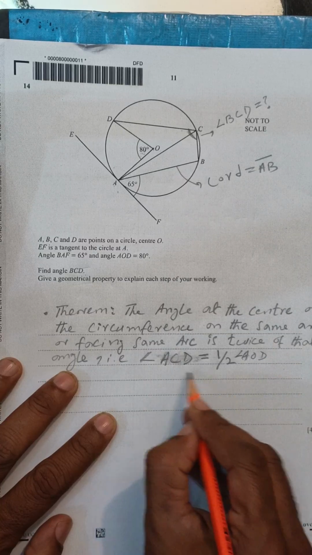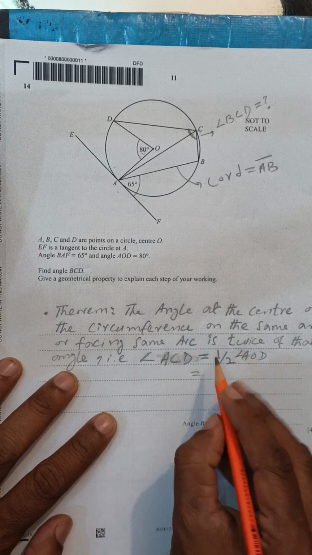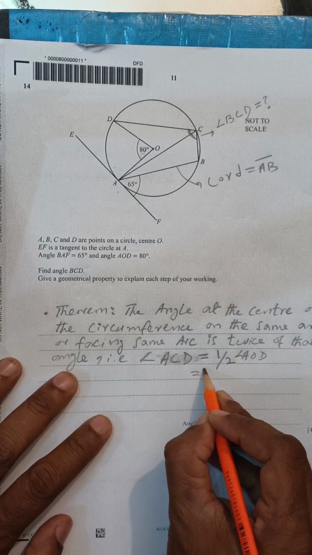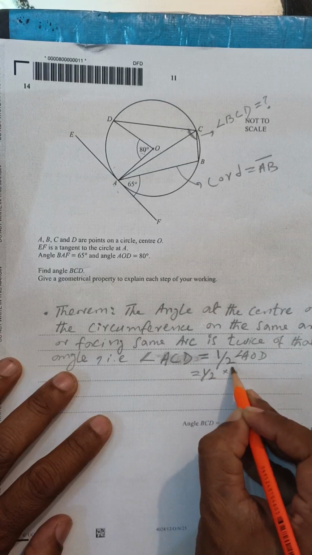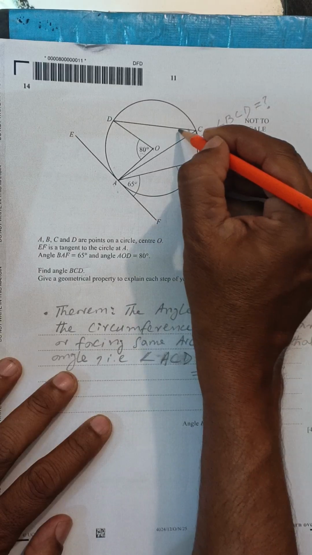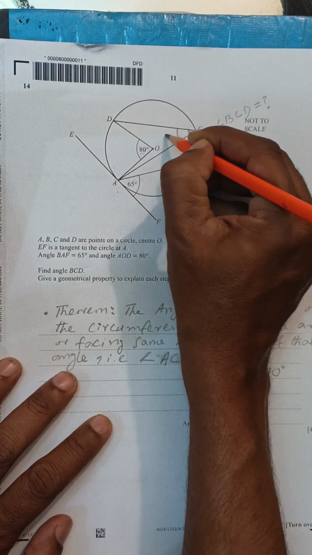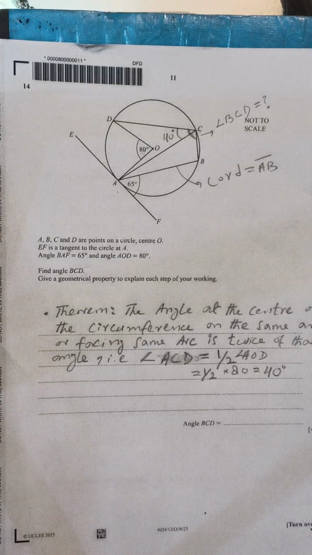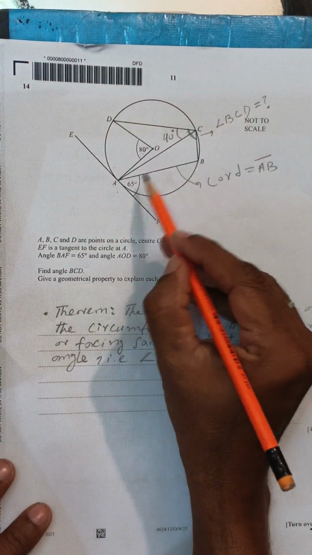Am I right? So 1 over 2 into 80, that is 40 degrees. So this angle is 40 degrees.